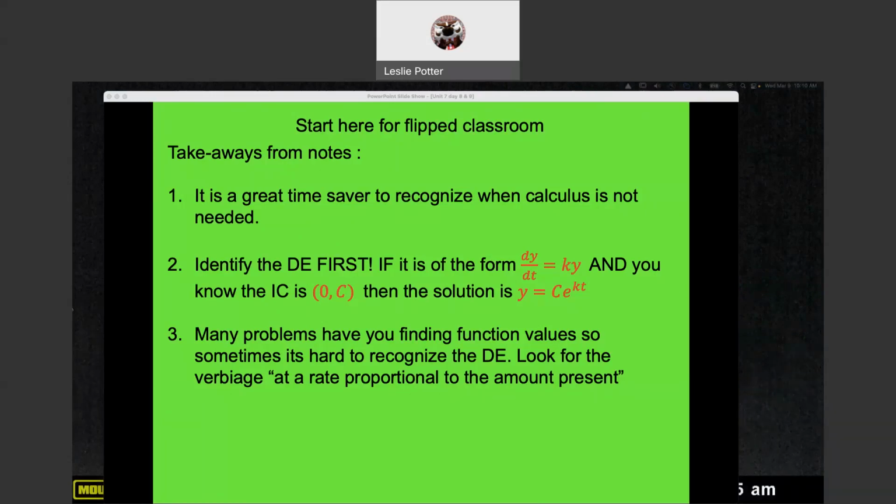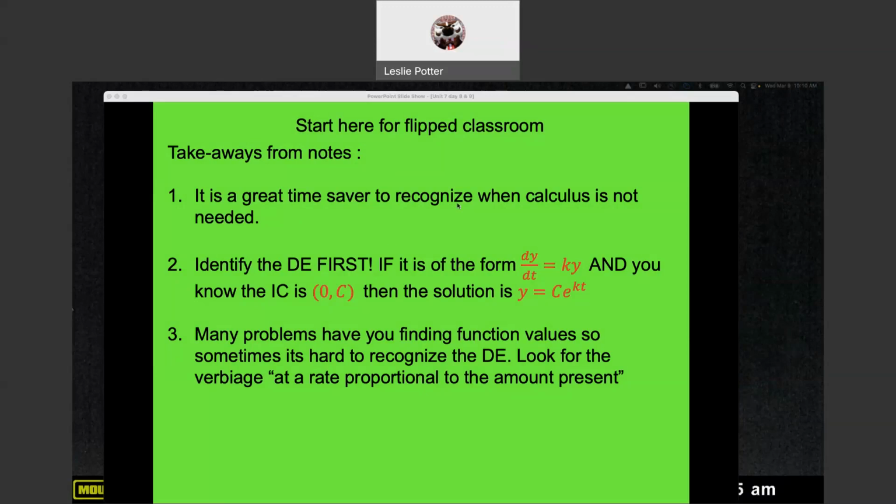Today's focus is let's just not even have a variable. Let's have some sort of numeric constant, like 5 times y. Okay, so this is what we're getting into, the takeaways.